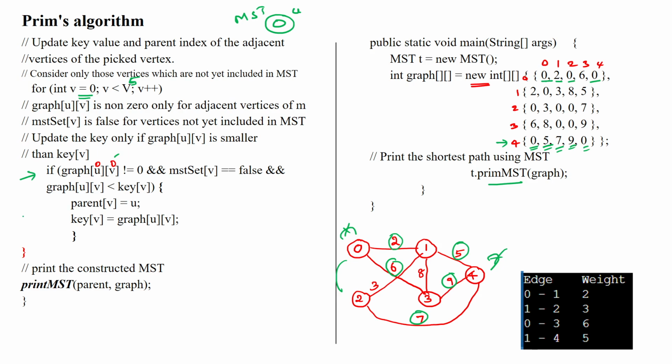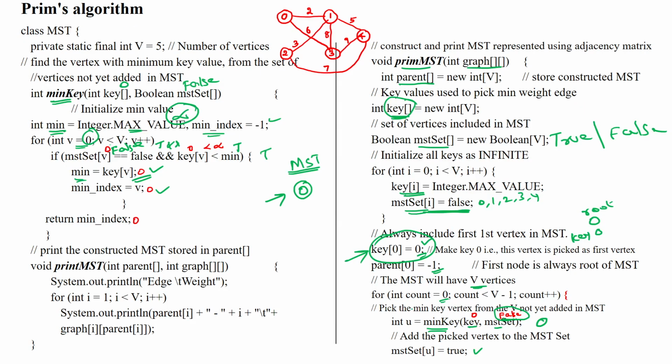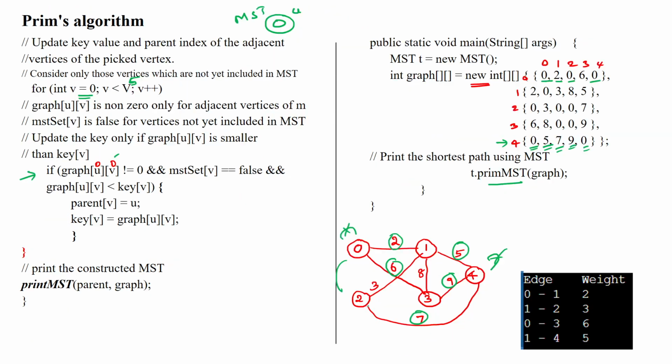Then again go back. In the for loop it will increment by 1 here, so V will become 1. So for U is 0, V is 1, not equal to 0. Yes, 0 to 1, here we are passing the value 2, so it is not equal to 0.